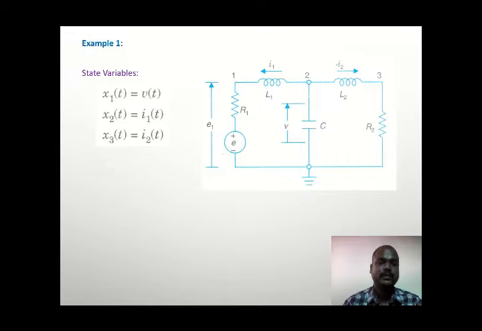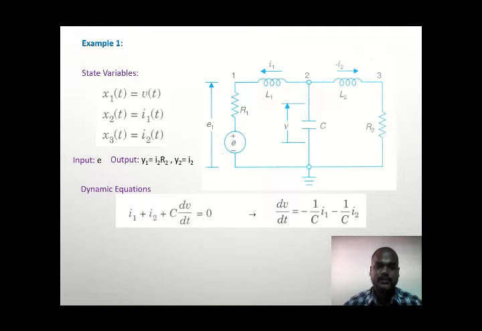So we have defined state x1 as the voltage V across capacitor C, state x2 as the current across inductor L1, and state x3 as the current across inductor L2. Next we will obtain the equations from Kirchhoff's voltage law.